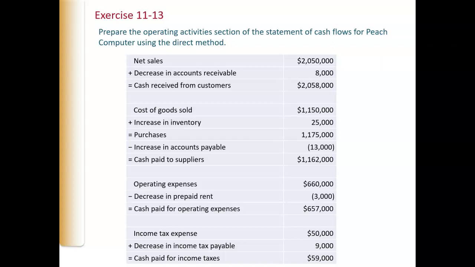Cash paid for income taxes, if there's a decrease in income taxes payable, we're going to add it, because to decrease that payable means we paid it. We paid cash for income taxes. Okay?